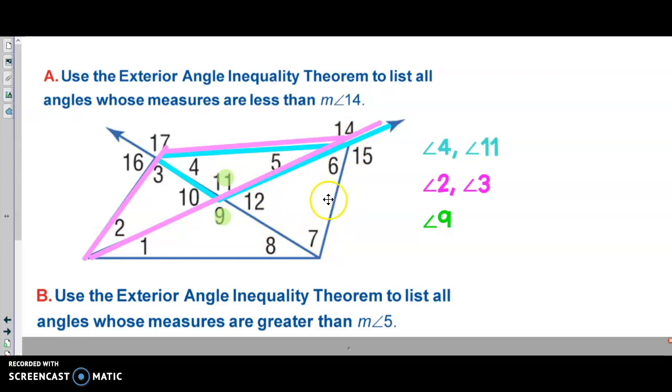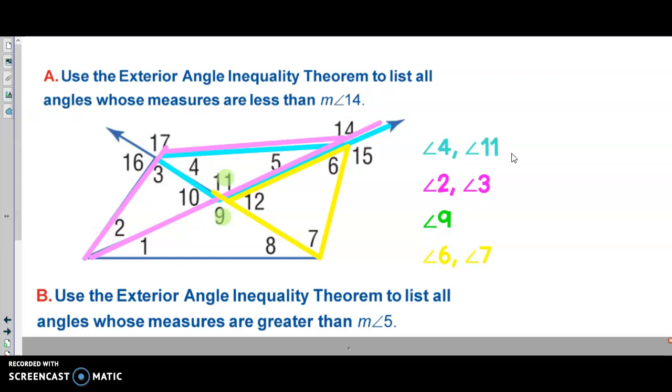So 11 is the sum of 6 and 7. If 11 is greater than 6 and 7, then 14 must also be greater than 6 and 7. So using the vertical angles theorem and then the exterior angle inequality theorem, we can create this list that says angle 14 is greater than angles 4, 11, 2, 3, 9, 6, and 7.